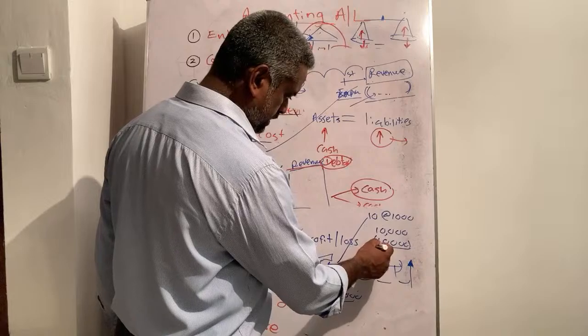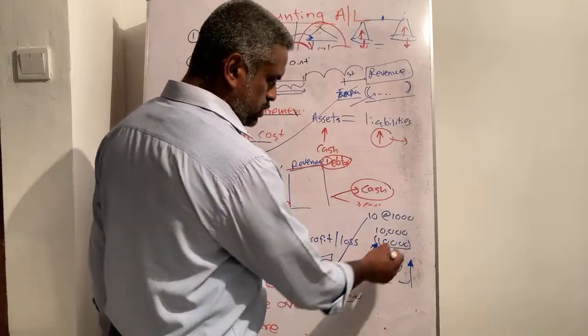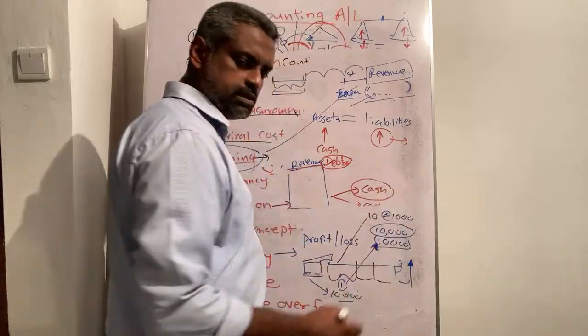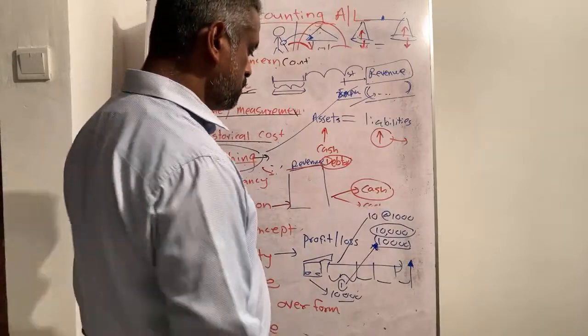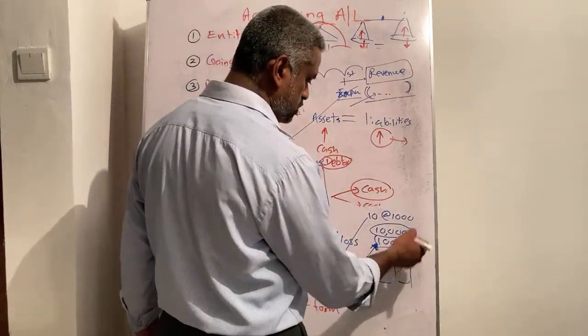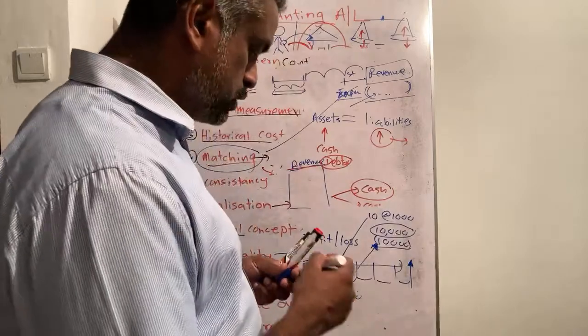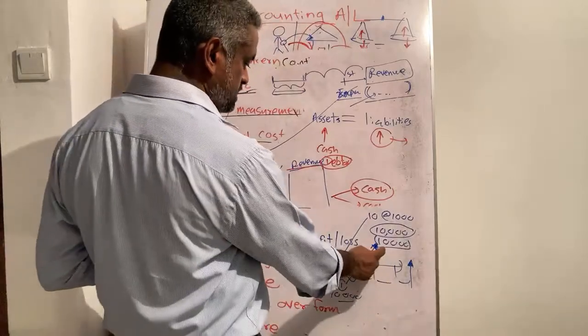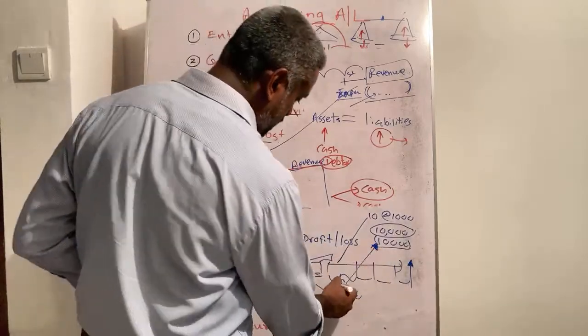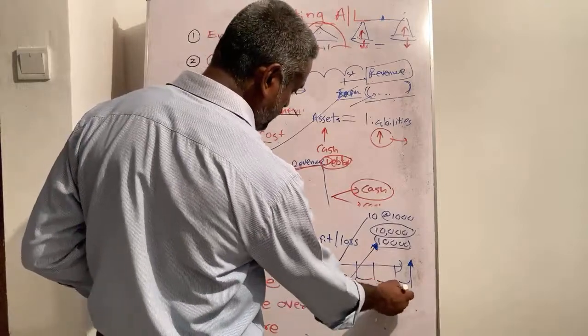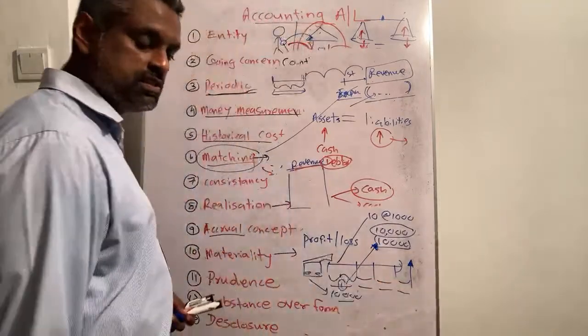Now this is material actually, because your revenue is 10,000 and your puncher is also 10,000. But you cannot deduct it all in the first year because you are using this for 4 years.